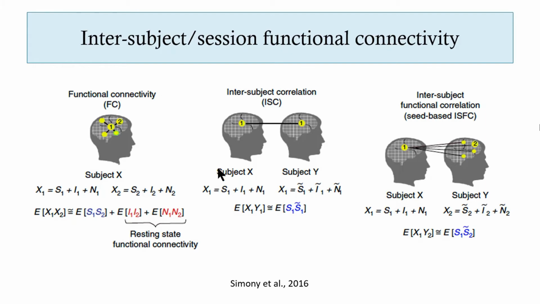But now if you have the same subject watch the movie or receive the natural stimuli for the second time, or look at two individuals who watch the same stimuli, and you look at the activity correlation between them, you look at the same voxel and find that for the first session you have a signal S1, and you have a signal S1 again, which is the repeat signal.